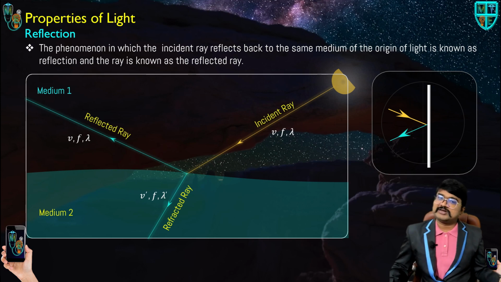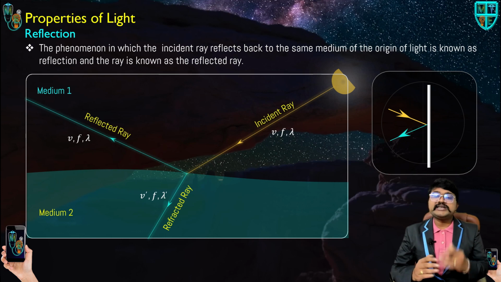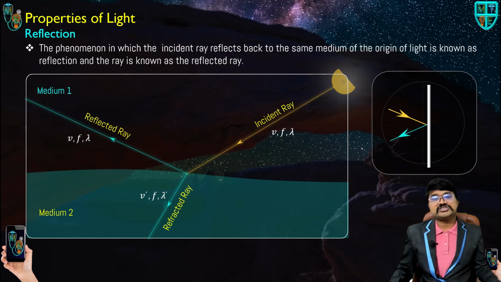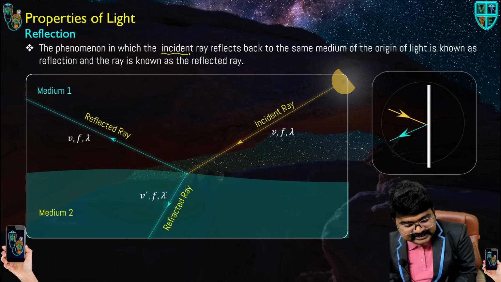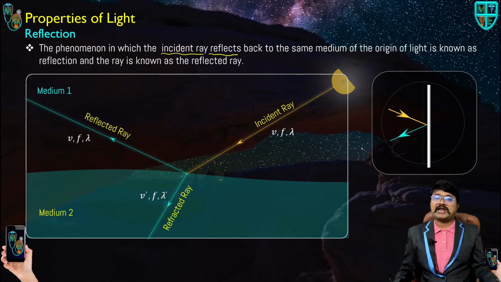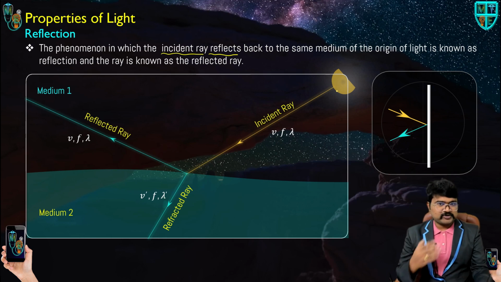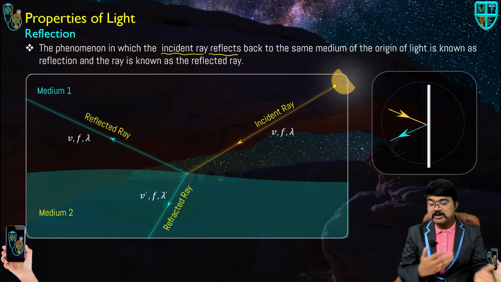Coming to the clear-cut definition of reflection: the phenomenon in which the incident ray reflects back to the same medium of the origin of light is known as reflection. The ray is known as the reflected ray. What is the origin? It is the source, where the light is coming from. The origin of the light is present in medium 1.